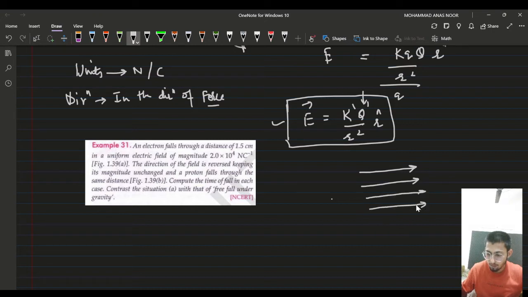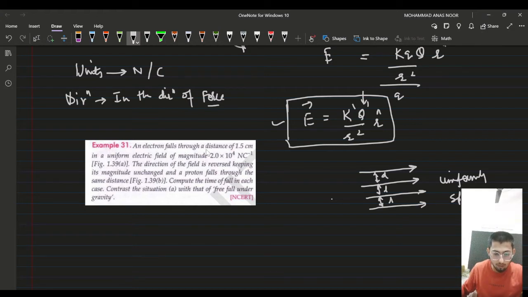So here the distance between these two and these two and these two is all d, because they are uniformly spaced. The uniformly spaced lines lead to a uniform electric field. So for this question you can just understand it like this. There is this uniform electric field.